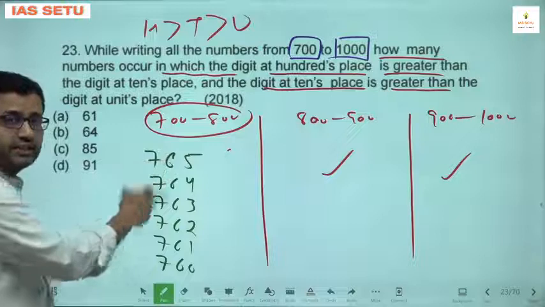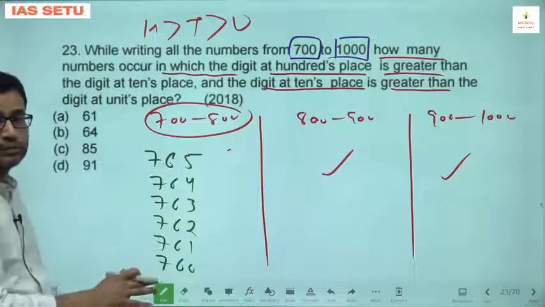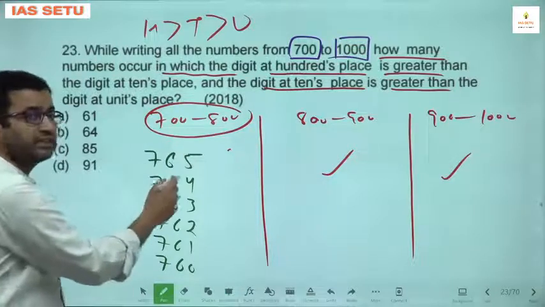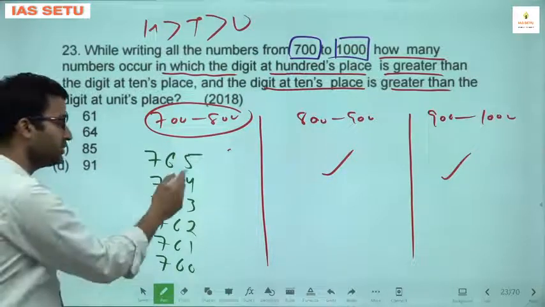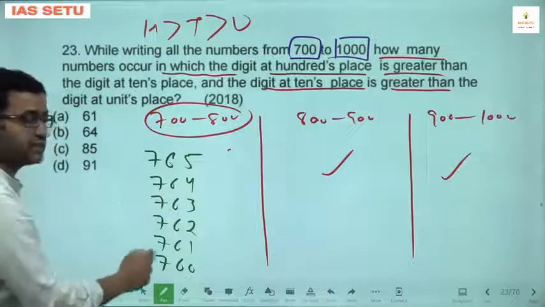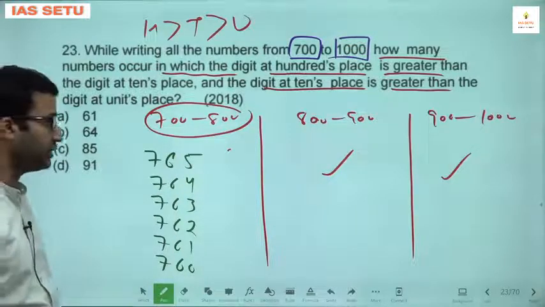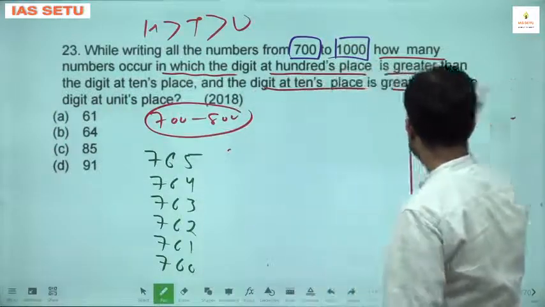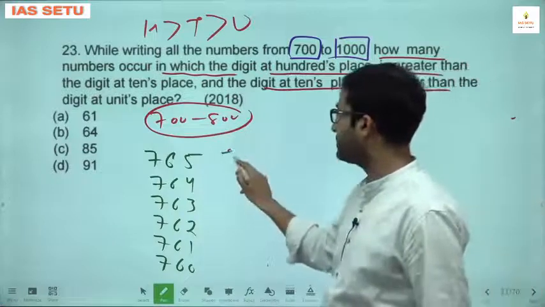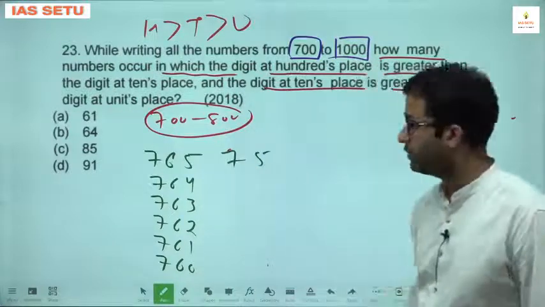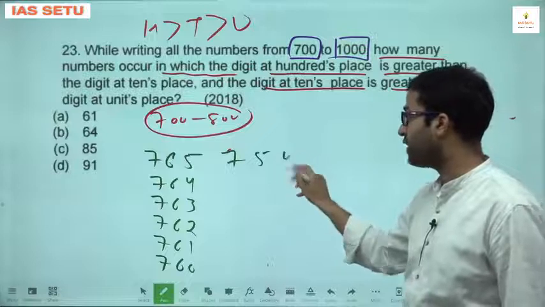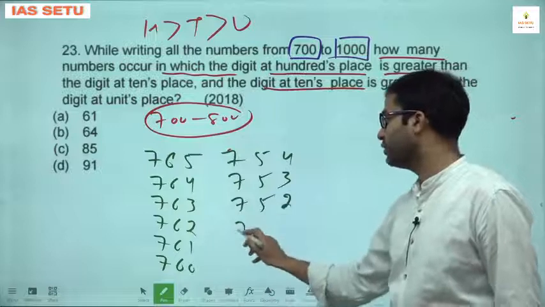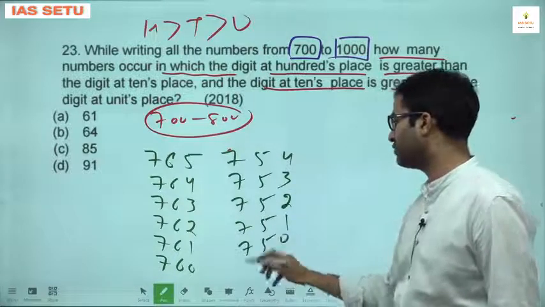Even 770 not possible. 780 not at all possible. 790 not possible. 766 also not possible. 765, 764, 763, 762, 761, 760. But now here we have the solution, then it can be 75, 7 is greater than 5, then it will be 754, then 753, 752, 751, 750.